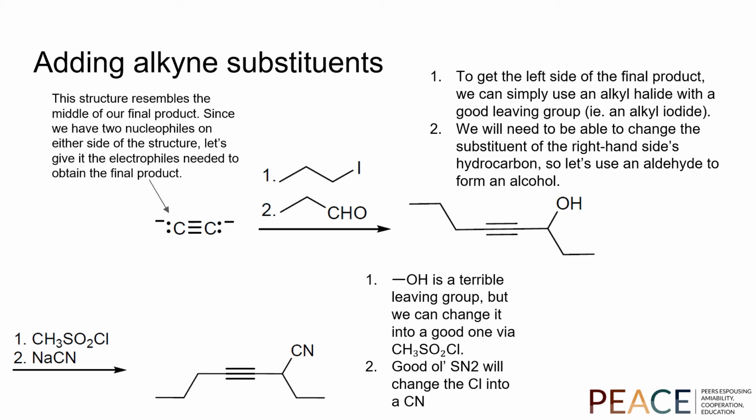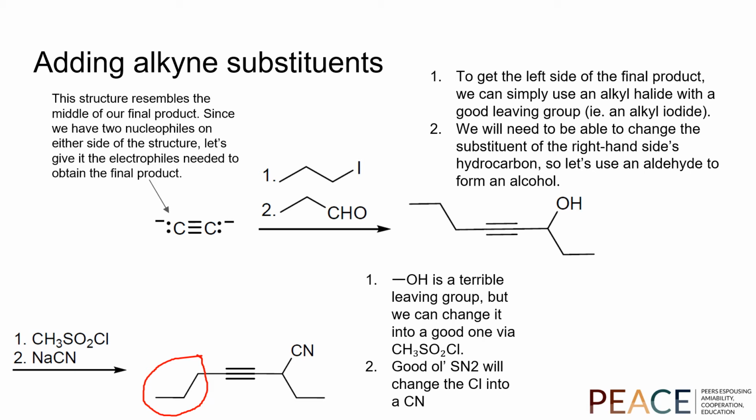Alright, so continuing with this problem, we have our nucleophilic alkyne, which resembles the middle of our final product. And since they are nucleophiles, we can just give it the electrophiles that we need to obtain the final product. What we see on the left side of the final product, which I'll circle here, is a 3-carbon substituent with not much else.